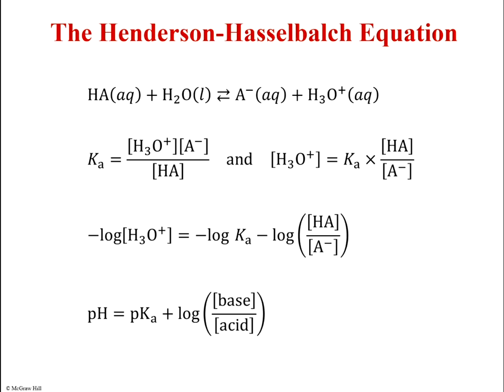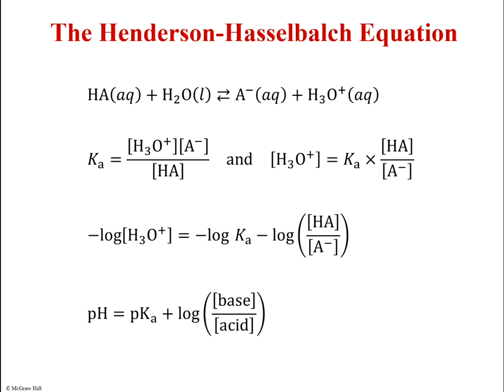We can rearrange to get our hydronium concentration out. Then if we take logs of both sides, we have minus the log of the hydronium concentration equal to minus the log of Ka minus the log of the weak acid divided by the conjugate weak base.